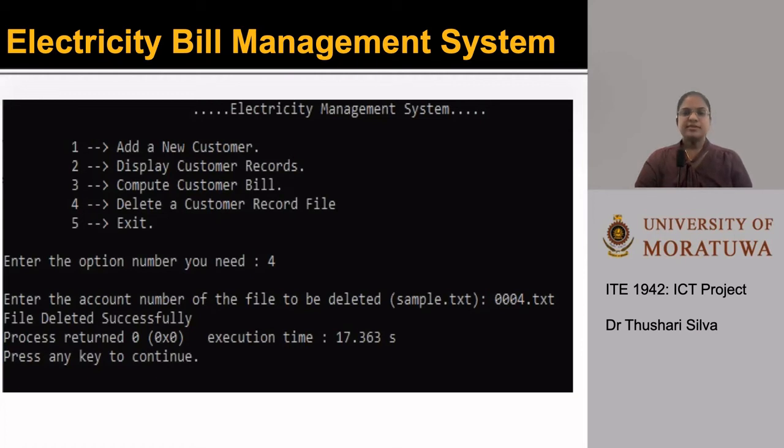So this is the end of the second session. So we have learned about the electricity bill management system, the basic simple set of functionalities that you can think of, and we saw several places that we can improve it further.